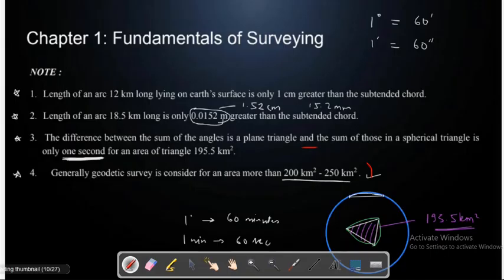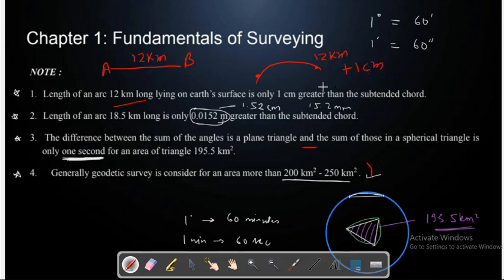Okay. Some of the notes you have to remember, like length of an arc 12 km long lying on an earth surface is only 1 cm greater than the subtended chord. That means if 2 points A and B, the distance between these 2 points is 12 km, and the same AB distance when we measure on the earth surface curve pattern, then we will get 12 km plus 1 cm extra.